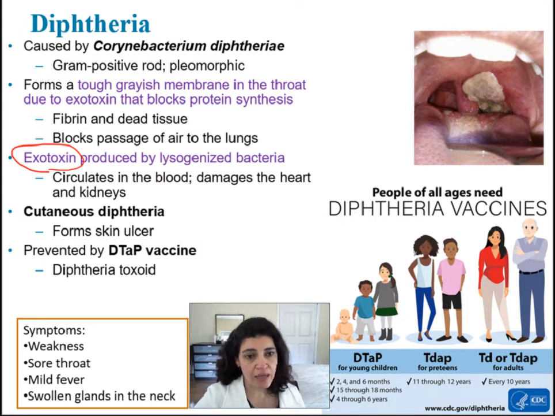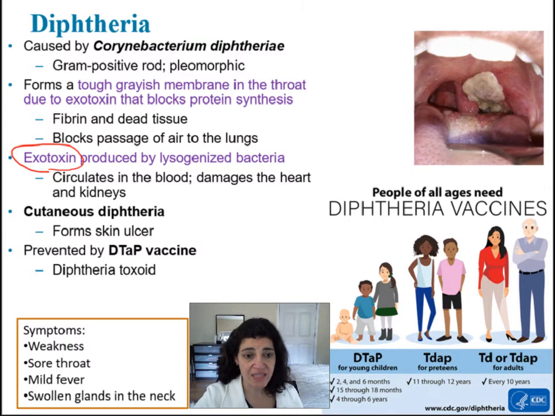There's also cutaneous diphtheria, which is less common, but you can see an ulcer forming at the site of the lesion. And the vaccine that prevents diphtheria is named after the bacterium, which is Corynebacterium diphtheriae, but the name of the disease is diphtheria.